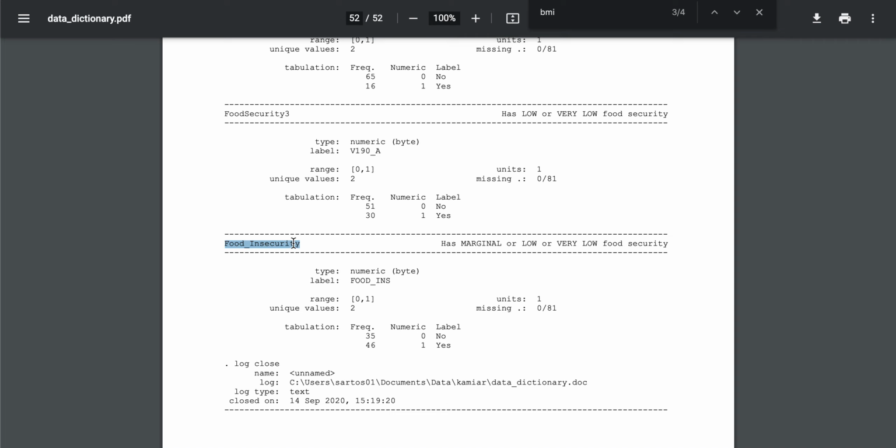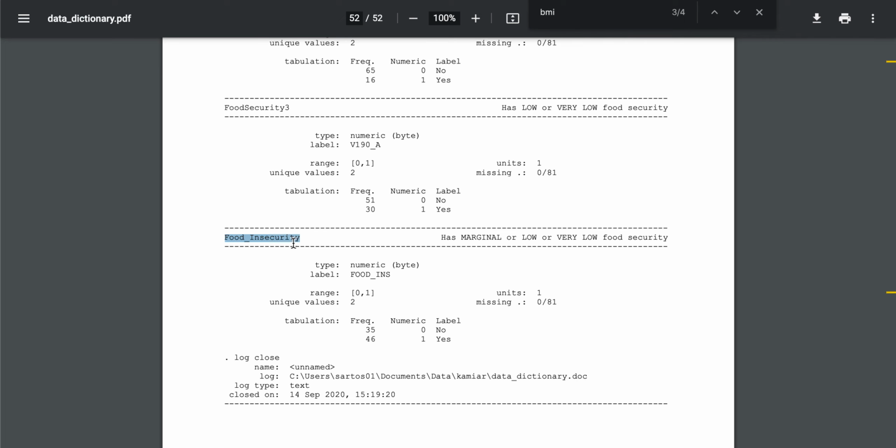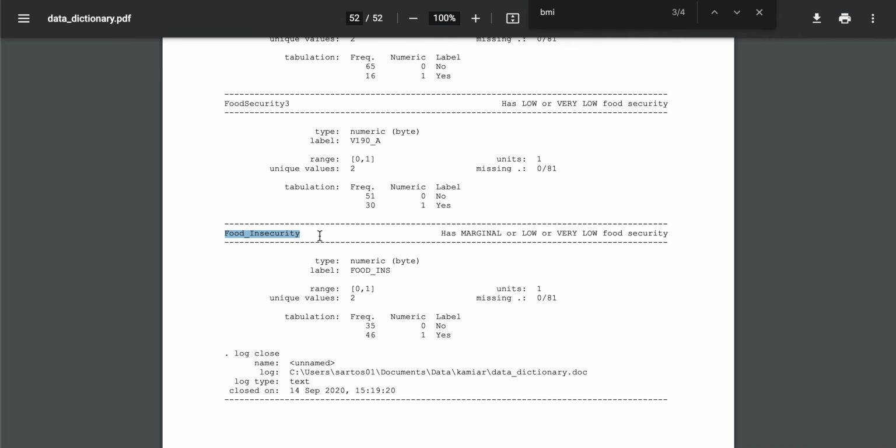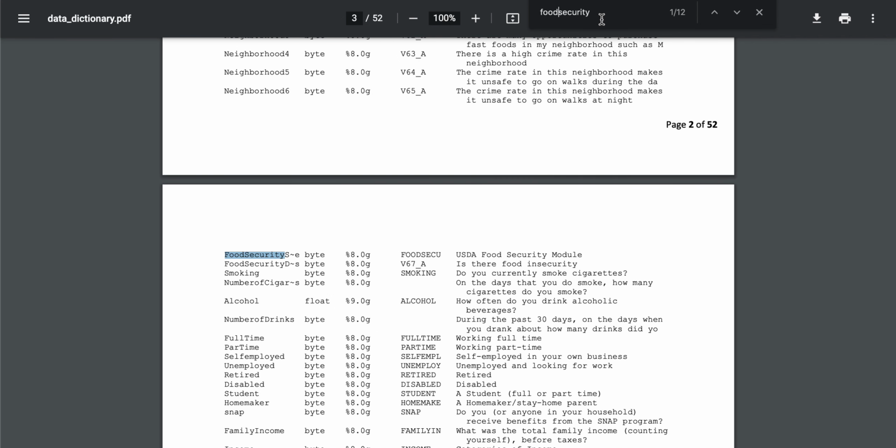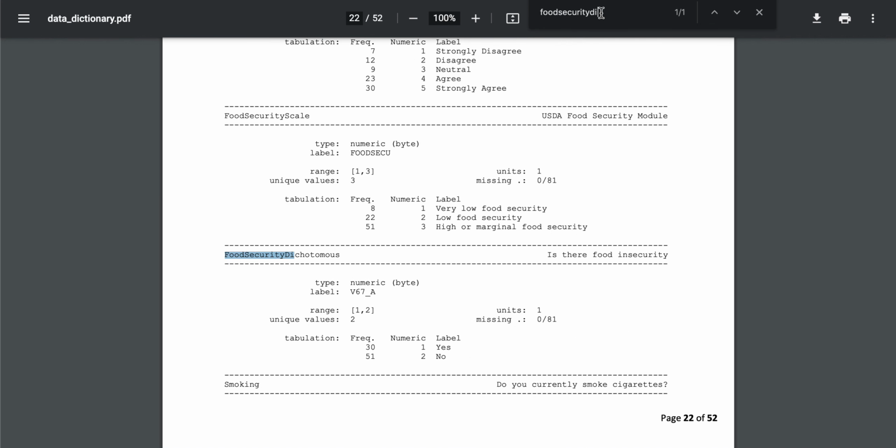Let's look at this again. This is actually our last one. Food insecurity is marginal low or very low, yes or no, and then we have food insecurity, or maybe security, dichotomous.